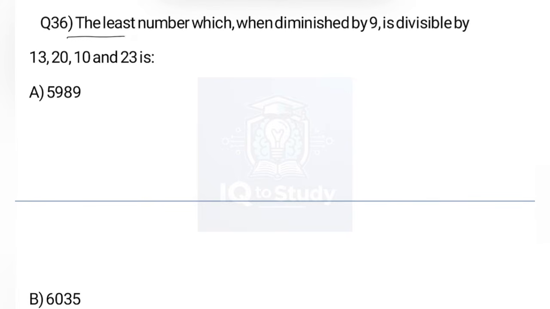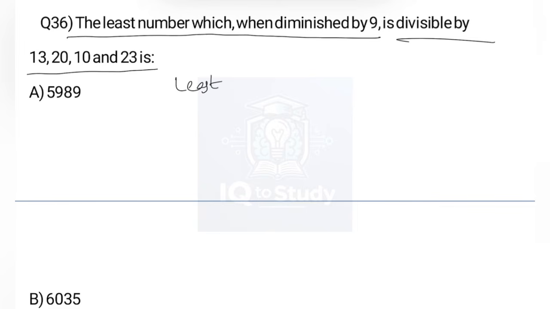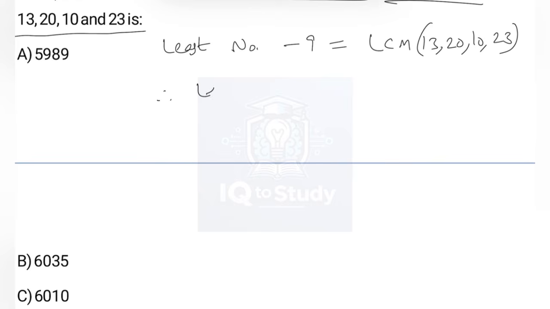The least number which when diminished by 9 is divisible by 13, 20, 10 and 23 is. It means least number minus 9 is equal to LCM of 13, 20, 10 and 23. Least number is equal to LCM plus 9. Let's find LCM.